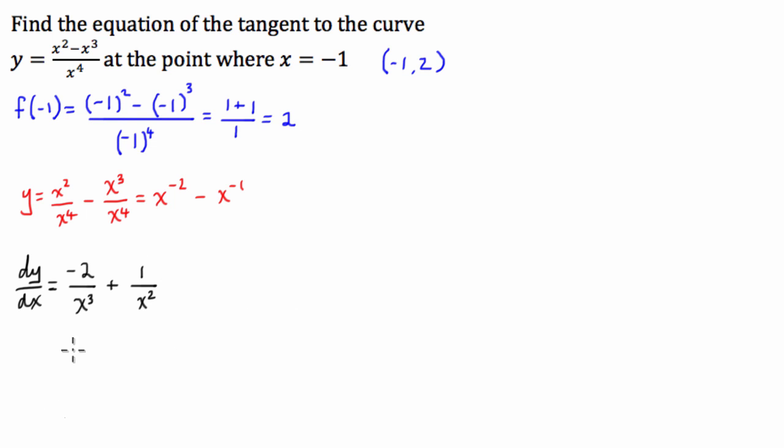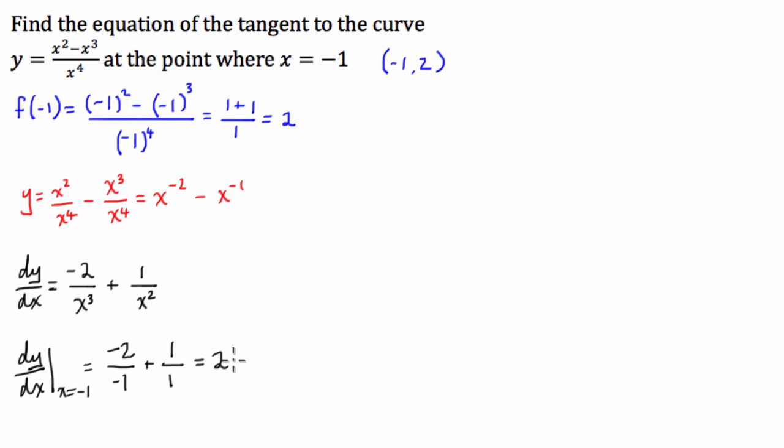Now, we're going to evaluate this derivative at x equals -1. So dy/dx evaluated when x is equal to -1 is going to be -2 over (-1) cubed, which is -1, plus 1 over (-1) squared, which is 1.